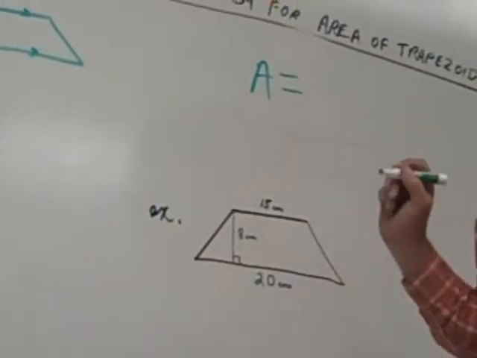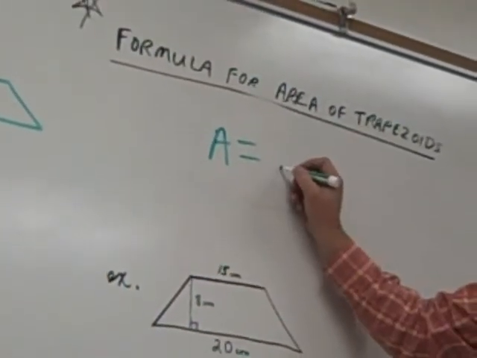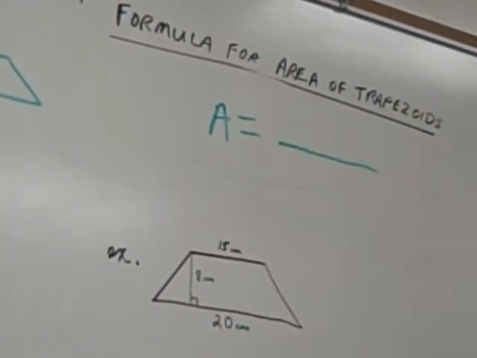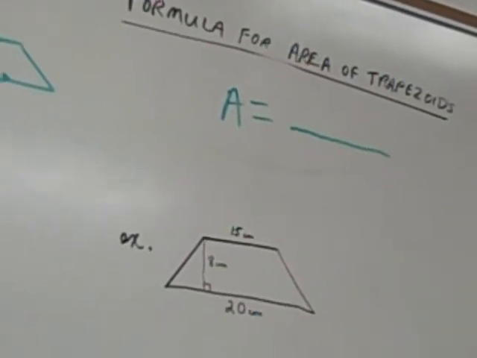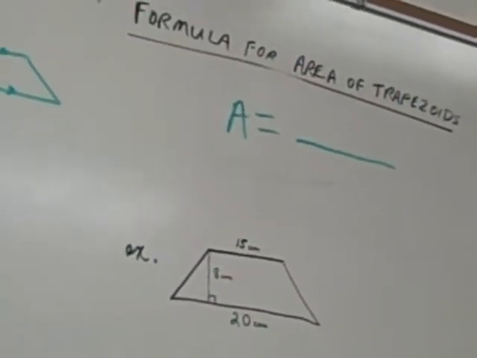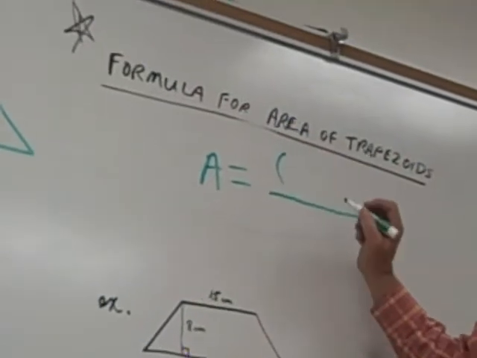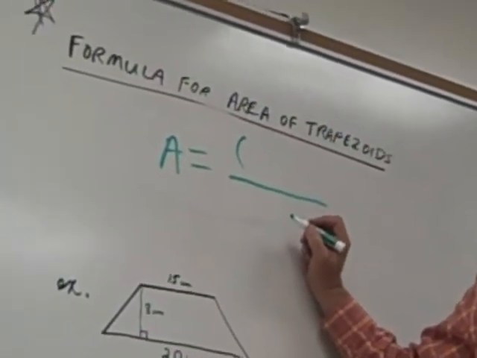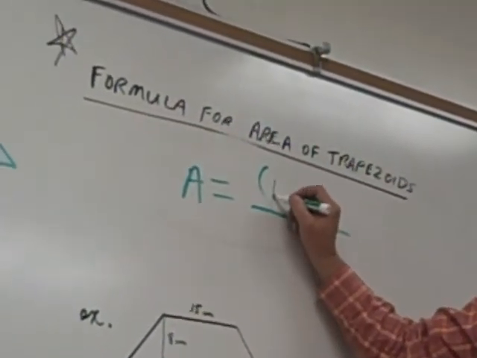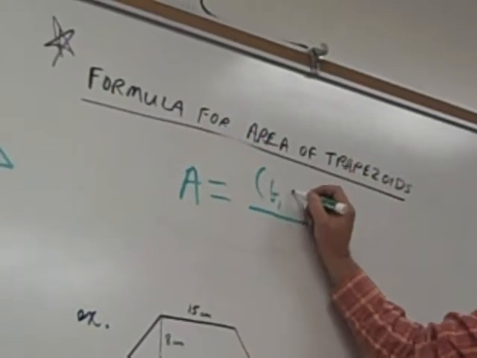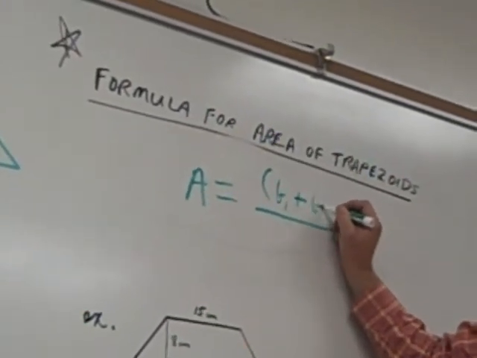A, meaning area, equals fraction bar. Parentheses, B1, base 1 plus base 2.